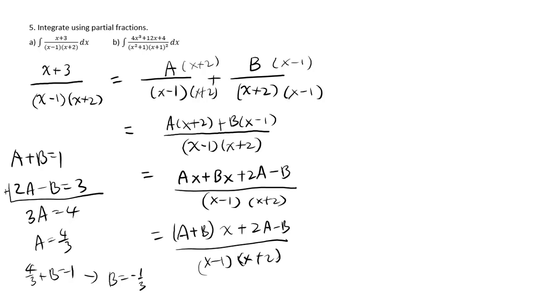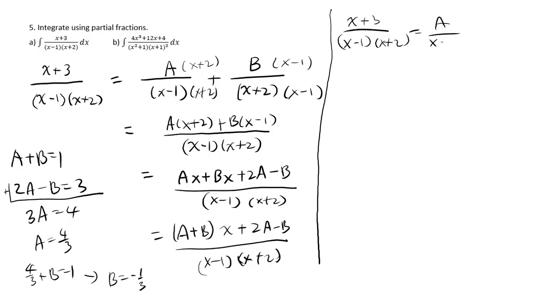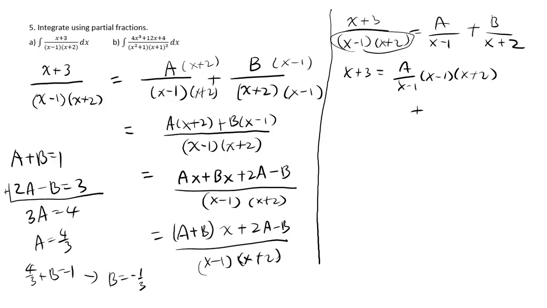Now there's a quicker way to get the same answer. As a comparison, in the beginning it's the same thing, but if you multiply this to the other side, then you end up with x plus 3 equal to a over x minus 1 times x minus 1 x plus 2 plus b over x plus 2 times x minus 1 times x plus 2.